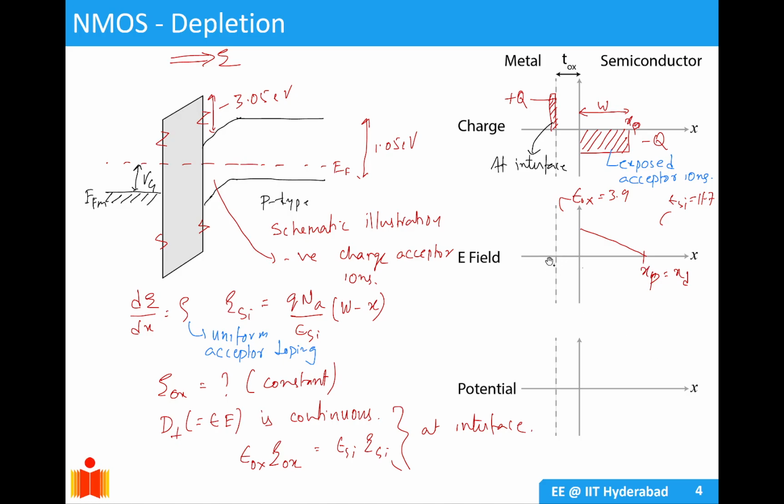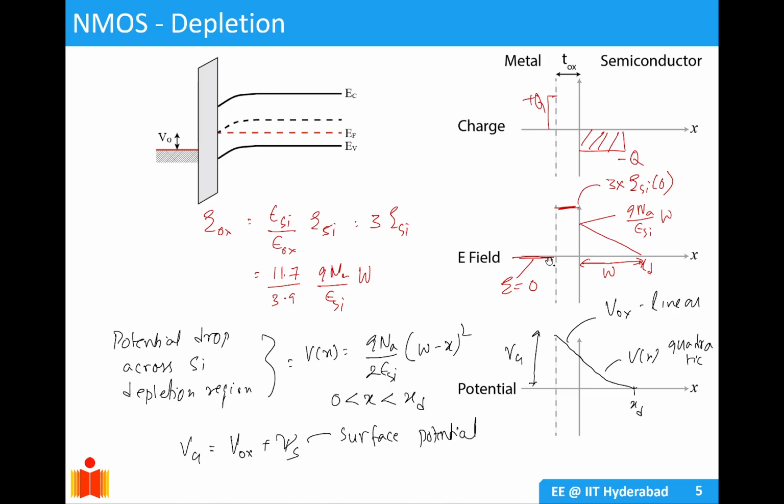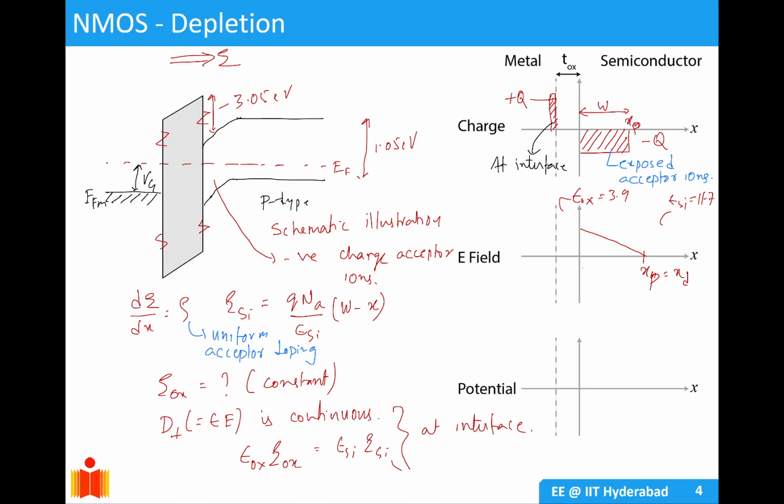Then you can calculate this straight line, which will come out to be q Na by epsilon Si times (W minus x). This you can solve from your charges.